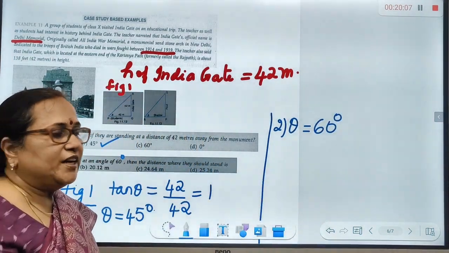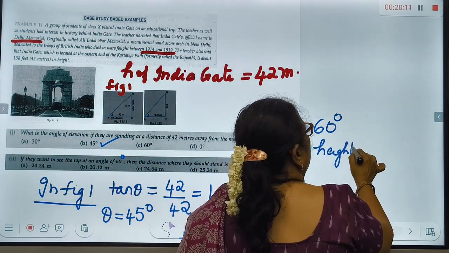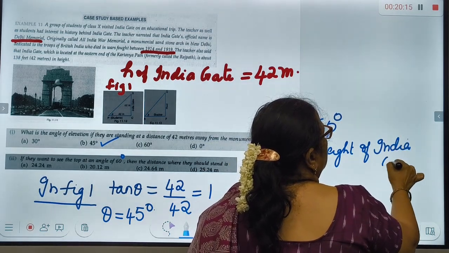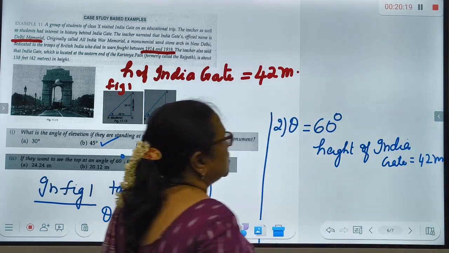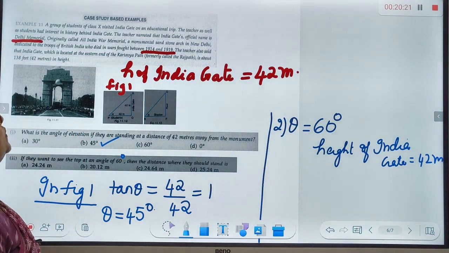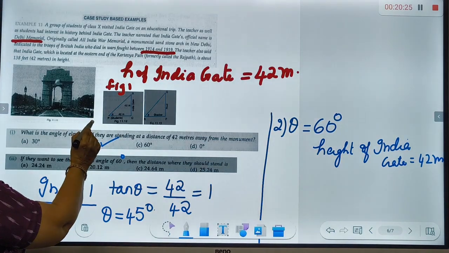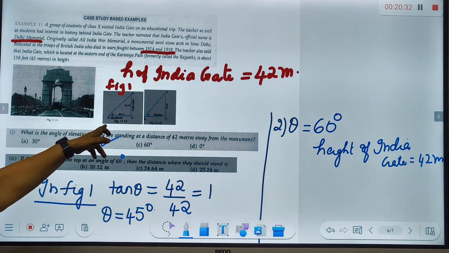The height of the India Gate will not change. Height of India Gate is 42 meters. What is it they want to know? They want to know where they should stand, at what distance from the base of the India Gate. They want to know the position of P.